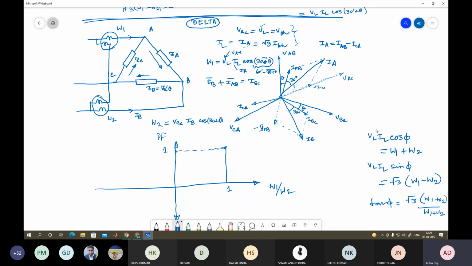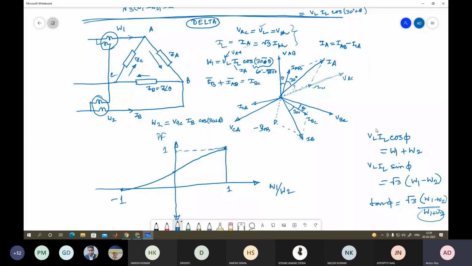So when cos 90 is equal to 0, then tan 90 will be infinite. So W1 is equal and opposite in sign to W2. So then PF will be equal to 0. So when it is minus 1, this will be 0. So if you plot like this, it is a plot like this. If you check the plot with respect to the ratio of W1 by W2 and PF, then at some point you will get the value which is half.